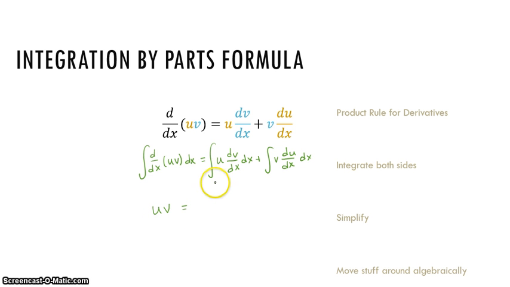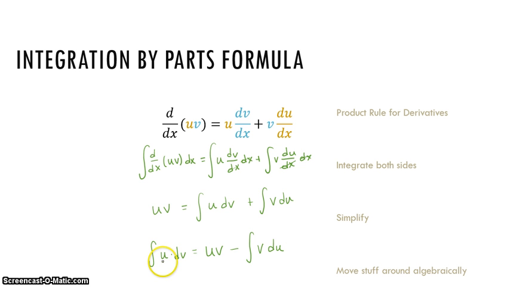And on the other side of the equation, notice how these dx's kind of cancel. I wind up with u dv plus v du. So if I move my terms around algebraically, I can wind up with the integral of u times dv, there's that product I was talking about, is equal to u times v minus the integral of v with respect to u.